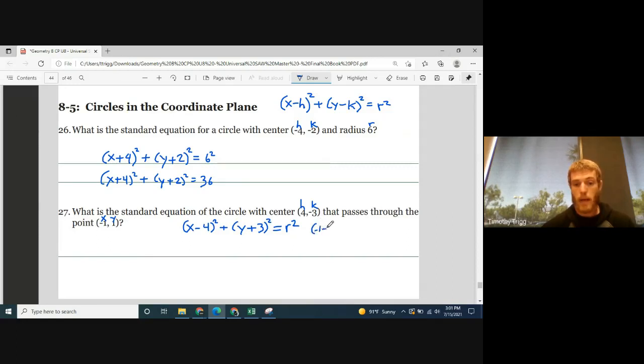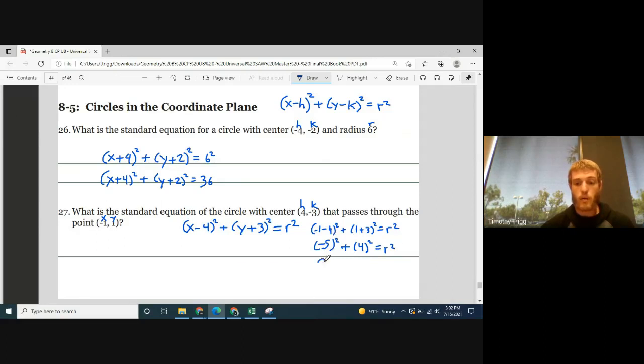-1 minus 4 squared plus 1 plus 3 squared equals r squared. This will be negative 5 squared plus 4 squared equals r squared.